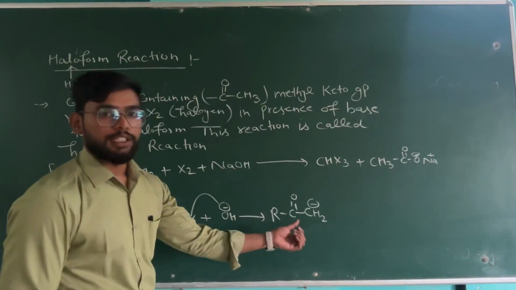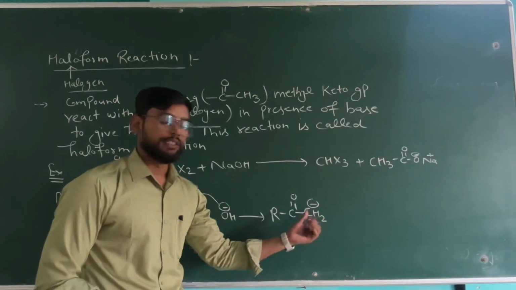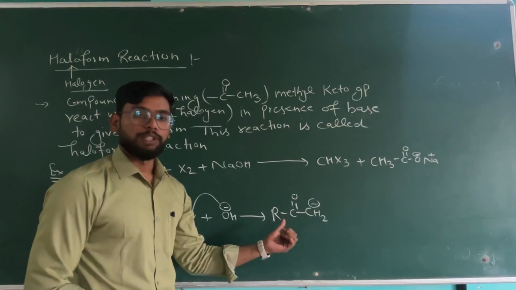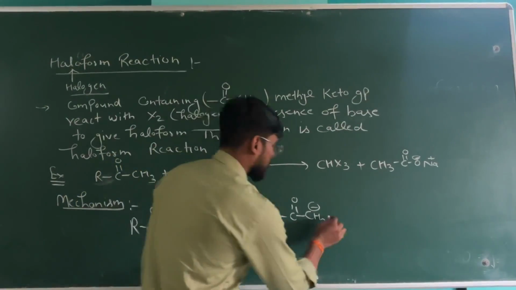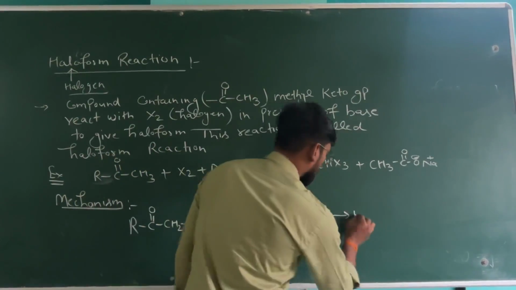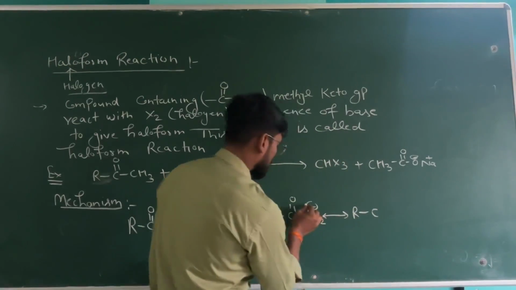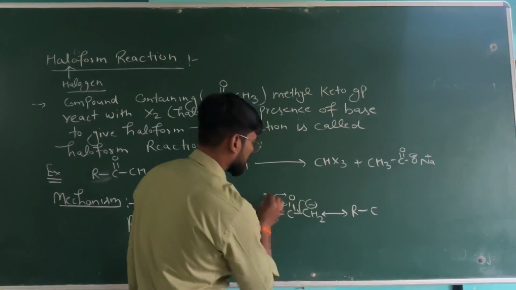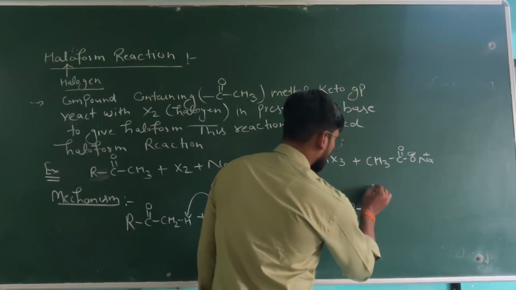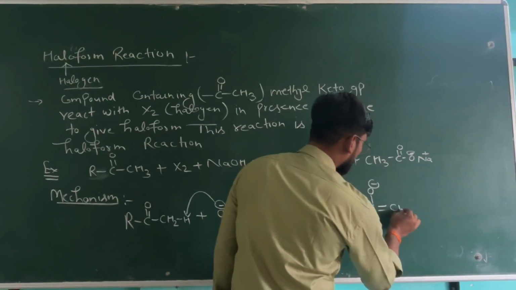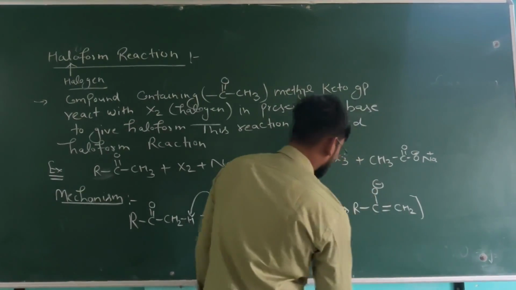This negative charge is stabilized through resonance, with formation of the enolate form. The negative charge shifts here and this pi bond shifts here, so RC-O minus double bond CH2, the enolate.